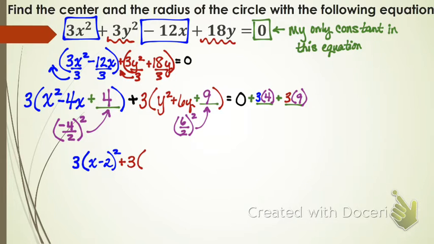Multiplies to 9, adds to 6. 3 and 3. So this is y plus 3 squared. Back here, I need to combine everything together. So I have 0 plus 12 plus 27. 12 plus 27 gives me what? 39. So this is equal to 39.